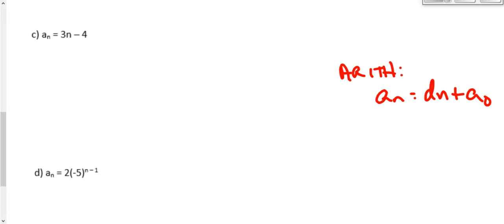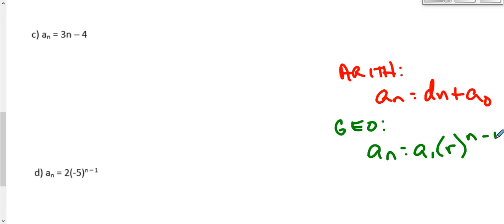And I'm going to ask you to remember the geometric, which I'll write as geo, and that one is a sub n equals a sub 1 times r to the n minus 1 power.